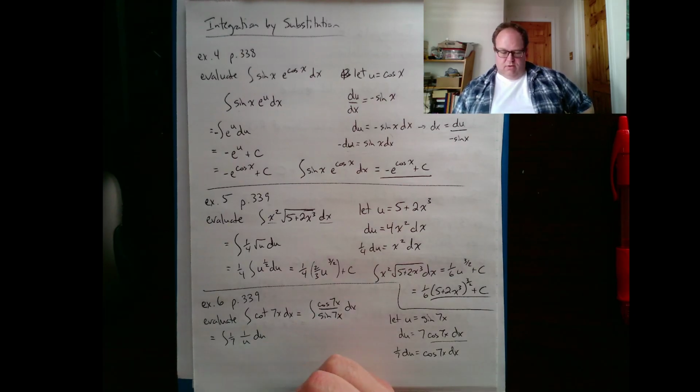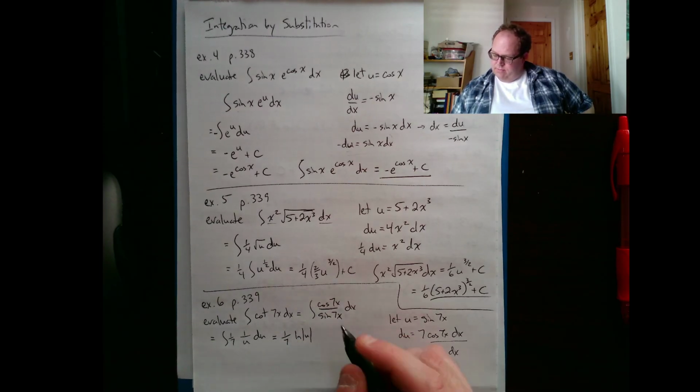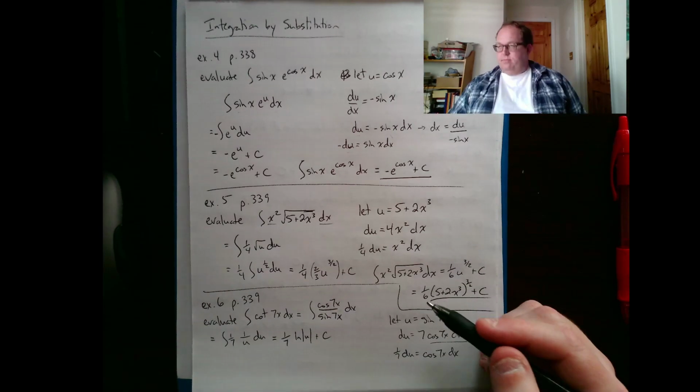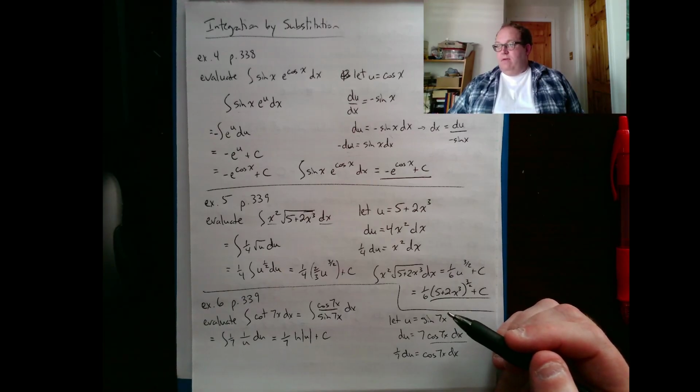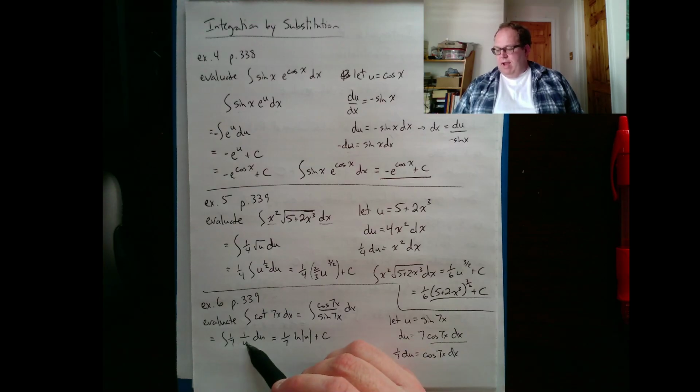You might recall the integral of 1 over u is ln u, although not just ln u, it's actually ln the absolute value of u, for an important reason. If you think about what 1 over x looks like, y equals 1 over x.